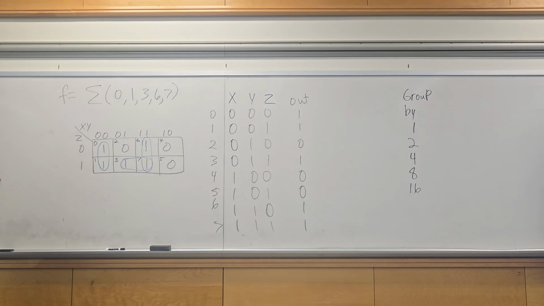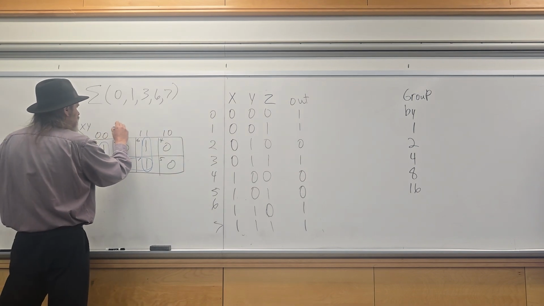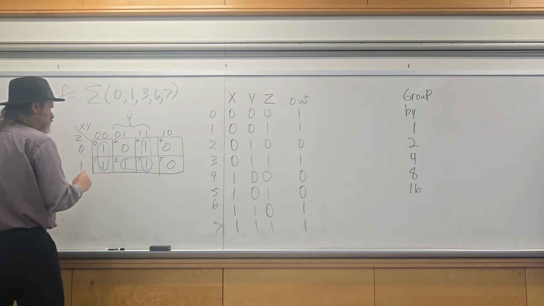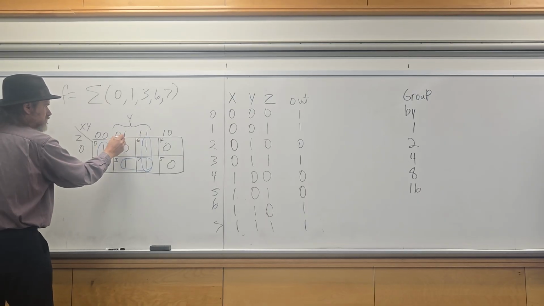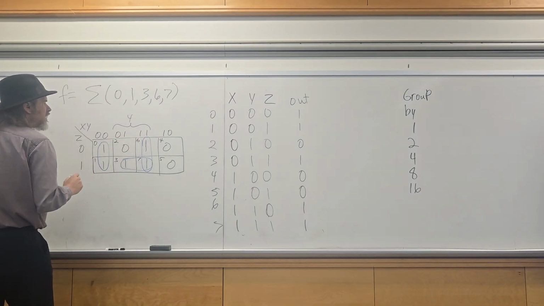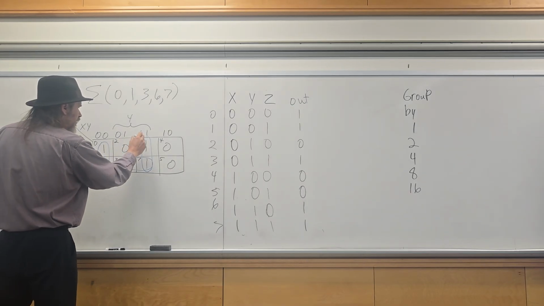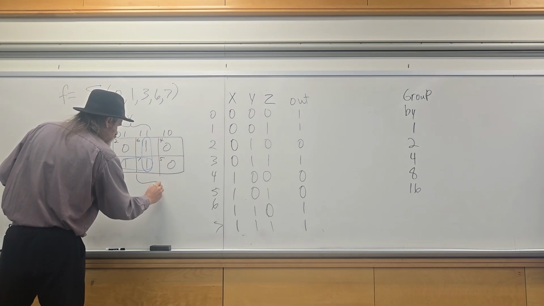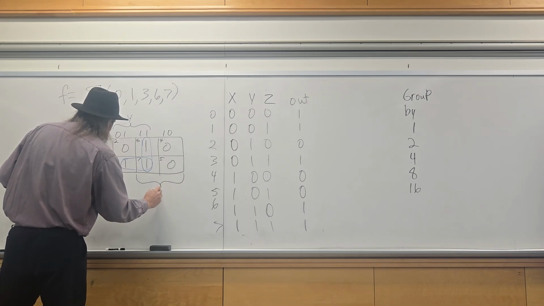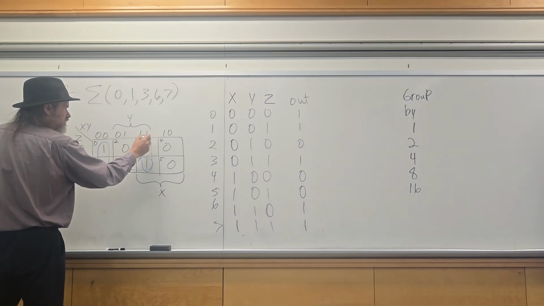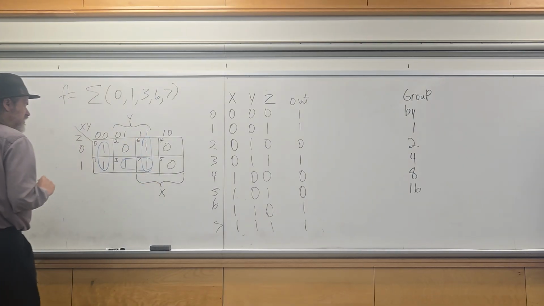Now, if you look at this, this is your y, because y is 1 there. Your z is going to be, or I'm sorry, your x will be here, because x is 1 in both of those spots.